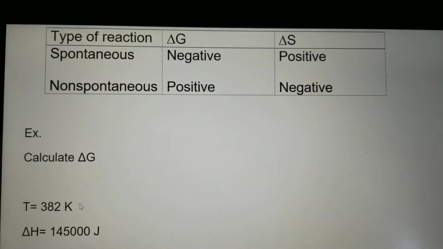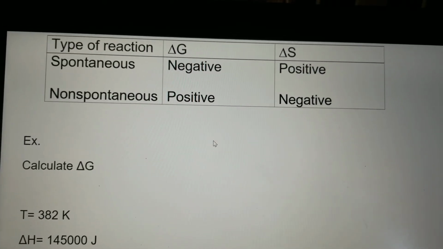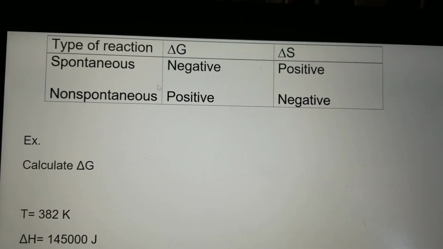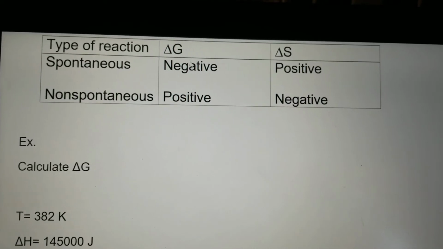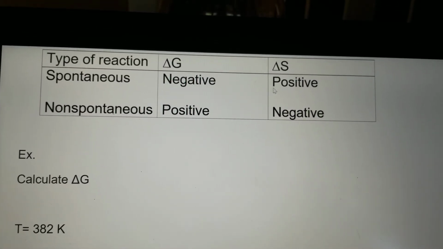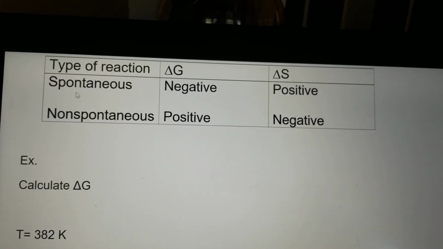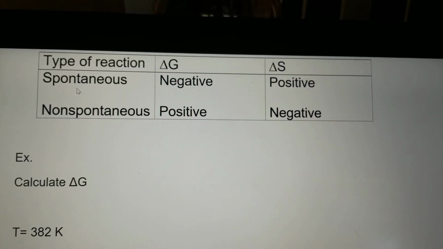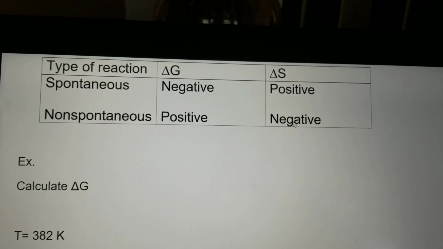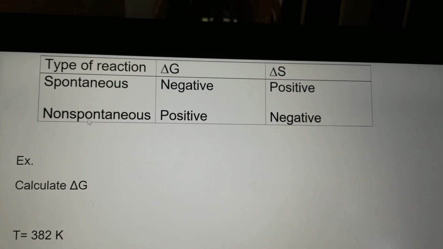Once you calculate this value, you're going to be able to use this little table to determine if a reaction is spontaneous or non-spontaneous. You're just going to line it up. If you end up with a negative delta G and a positive delta S, then you can conclude that it's a spontaneous reaction. If you calculate a positive delta G and you have a negative delta S, then you can conclude that it's a non-spontaneous reaction.